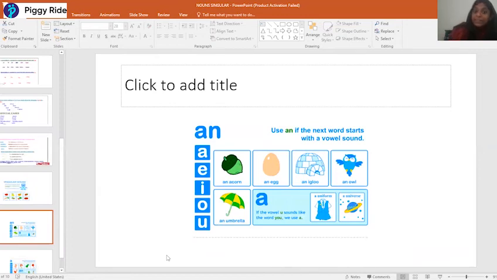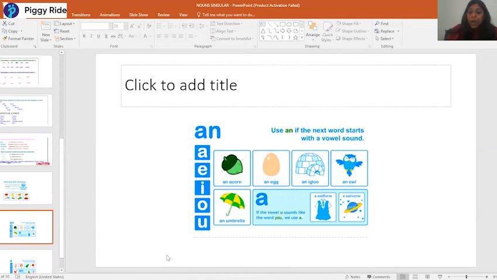Use an if the next word starts with a vowel sound. So we should use an when there are vowels. There are 5 vowels: A, E, I, O, U. So whenever you see that a vowel sound is there, we have to use an, like an acorn, an egg, an igloo, an owl, an umbrella.